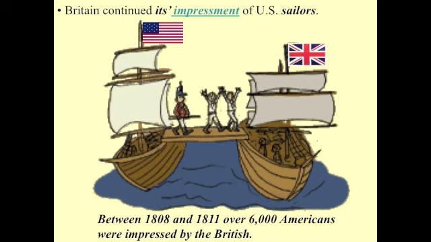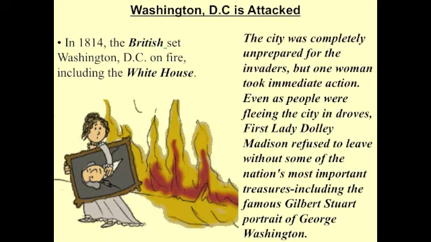Now, Congress approves Madison's call for war, and the war that follows becomes known as the War of 1812. In many ways, the declaration of war was a foolish action. The U.S. had a small army and a small navy because of Thomas Jefferson. If you guys remember, he reduced the military size from 12,000 down to 3,000. And the U.S. also had no offers of help from foreign countries.